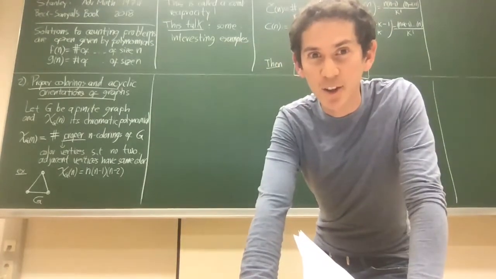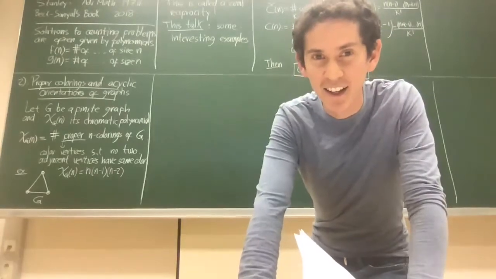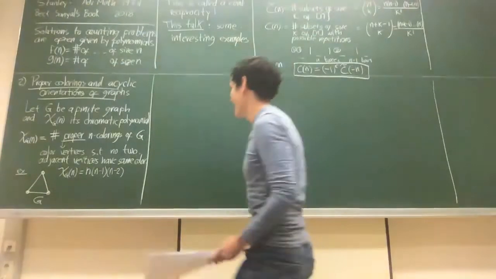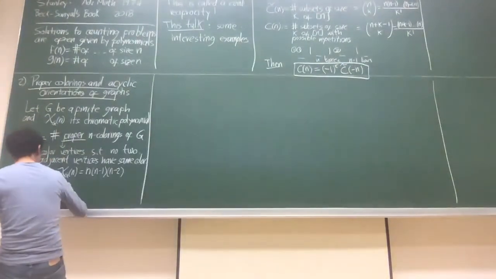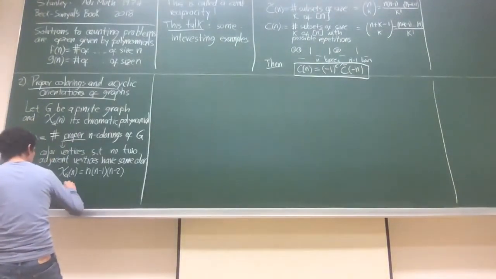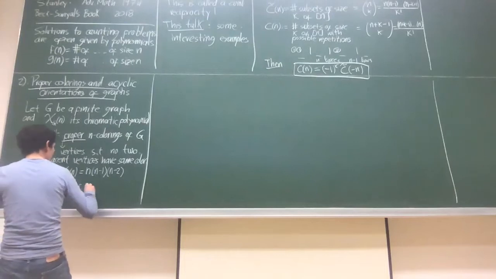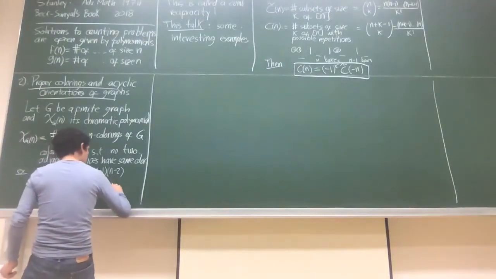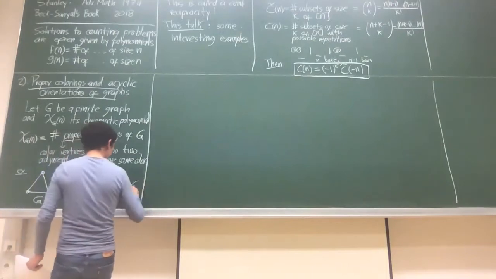That's right. So what's the number in this case? 3 factorial, so 6. Okay, excellent. So the number of acyclic orientations in this case is 6.